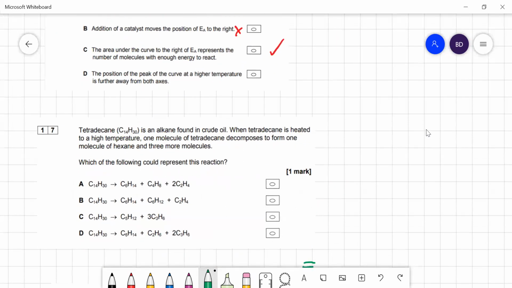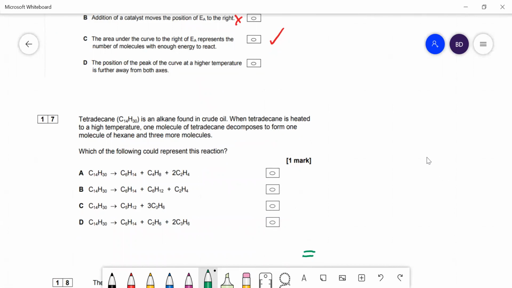17, tetradecane, an alkane found in crude oil. When tetradecane is heated to a high temperature, one molecule decomposes to form one molecule of hexane, C6H14, and 3 other molecules. Now, hexane, how do we know it's that? It's an alkane, and it's CnH2n+2.